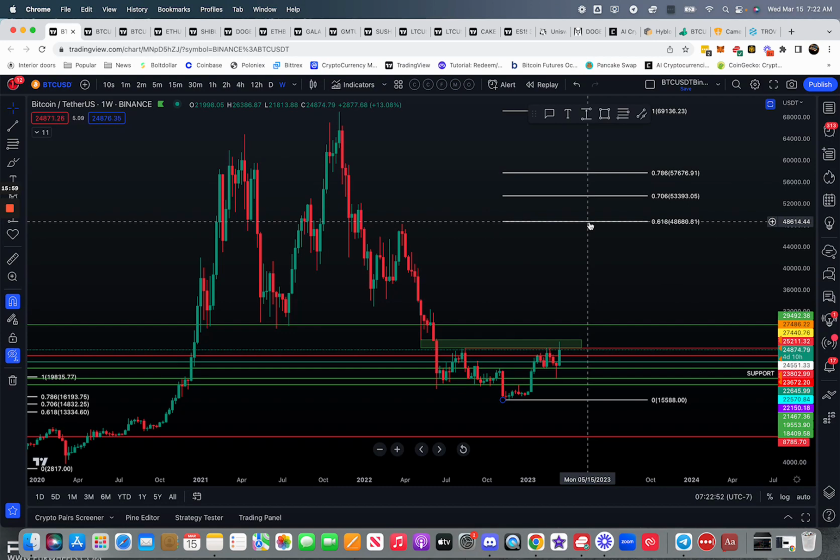Now, we haven't had even an announcement of them pausing the rate hikes. So we're not there yet. But keeping in mind, if that were to happen, where would that put crypto? It's going to be one of two things.